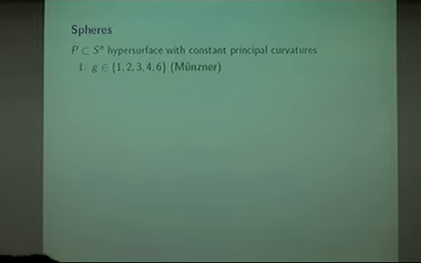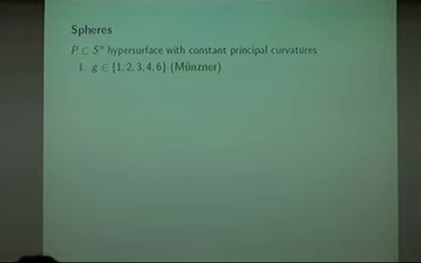We saw that Cartan proved that in real hyperbolic space we can have at most two distinct principal curvatures for a hypersurface. Such a constraint on the number of principal curvatures also exists in the sphere. But there this number can be 1, 2, 3, 4 or 6. This is quite remarkable, that there are these five different numbers which can arise as the number of distinct principal curvatures of a hypersurface in a sphere.